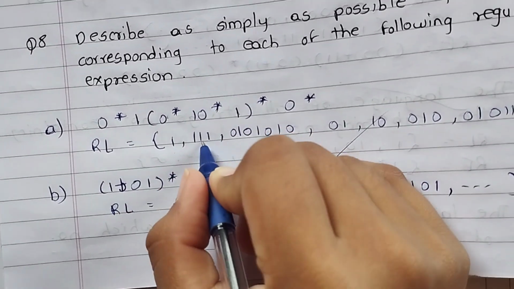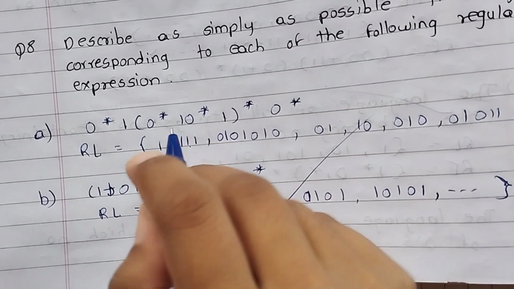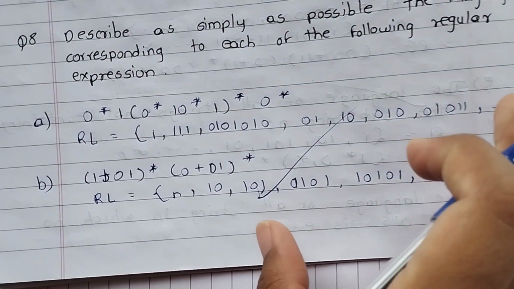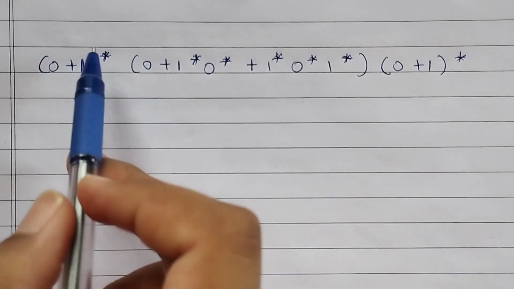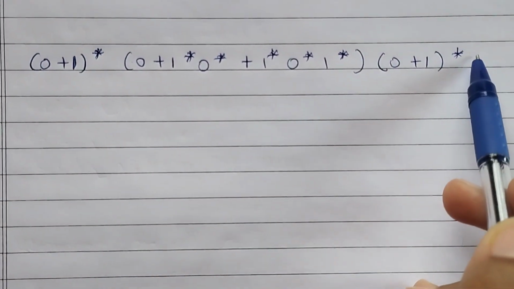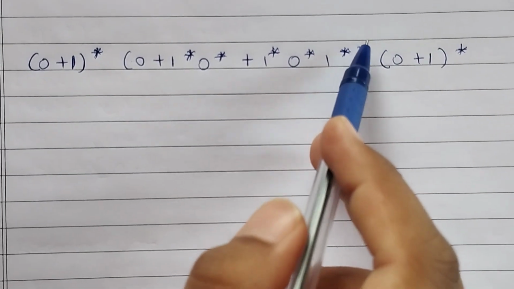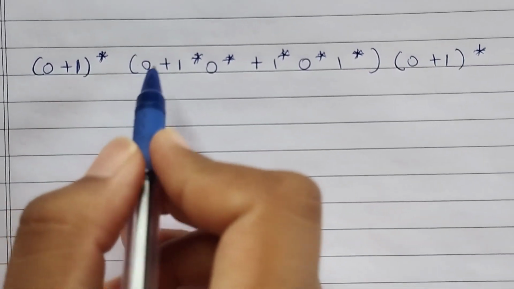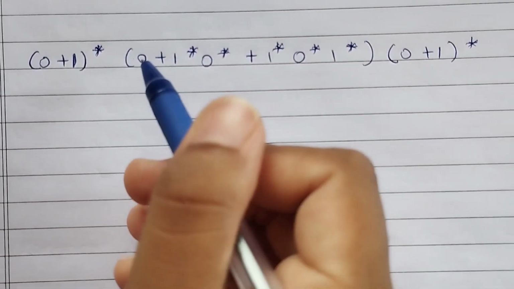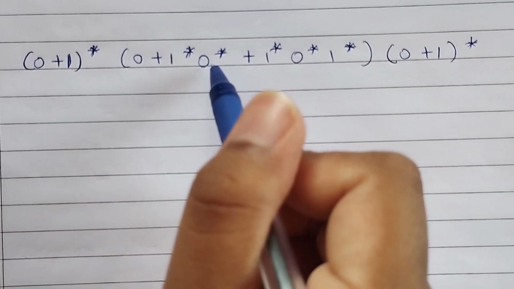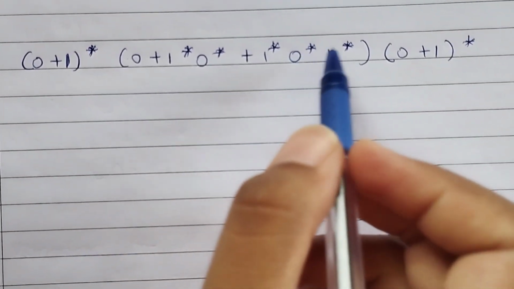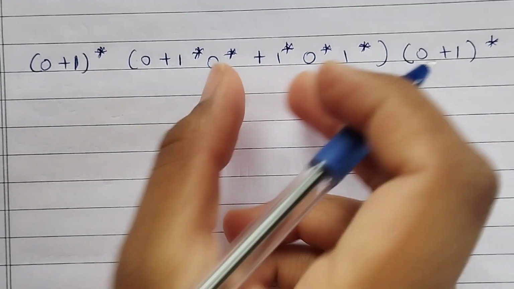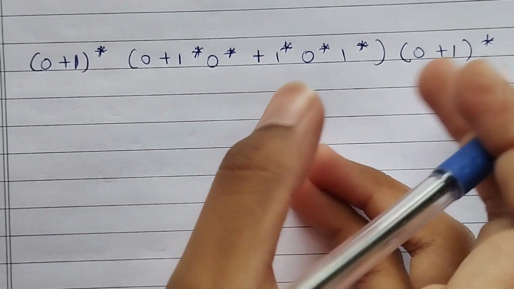So here we write, then in the same sense I write multiple possible regular languages. We see one more. Let's suppose this bracket is null, this bracket is null. This is not null because here the bracket star is not right. So as you want to write 0 or 1 star 0 star or 1 star 0 star 1 star, the first time I write only 0, not the remaining expression.